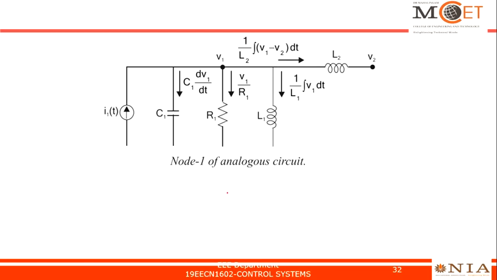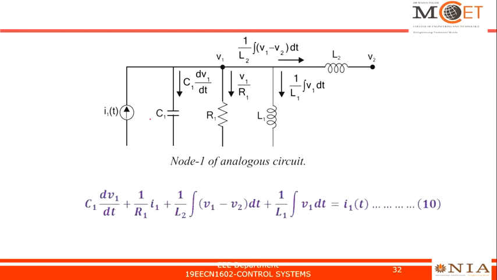You see that for V1, node 1 analogous circuit, C1 into dV1 by dt plus 1 by R1 into V1 plus 1 by L2 into integral V1 minus V2 into dt plus 1 by L1 into integral V1 dt will be equal to I1 of t.